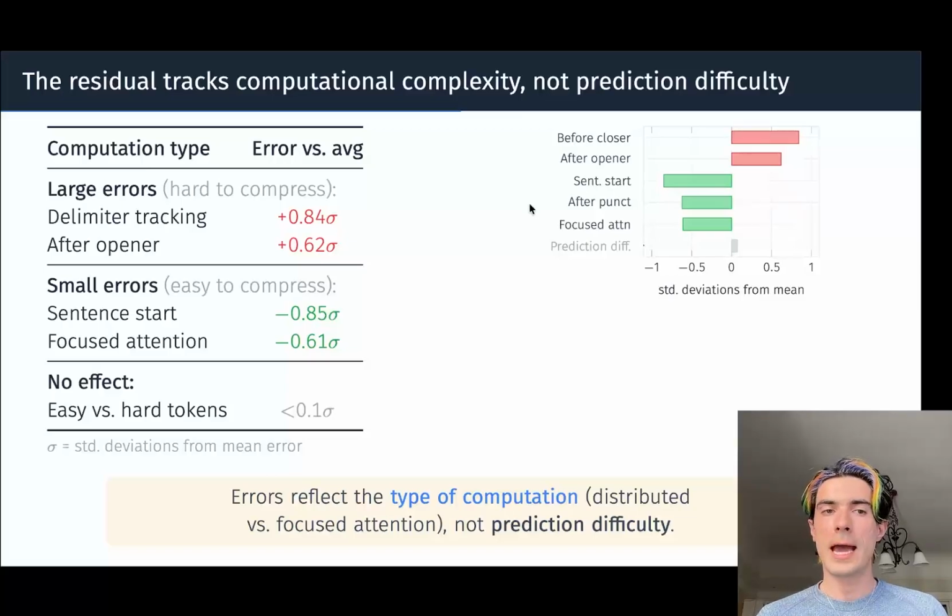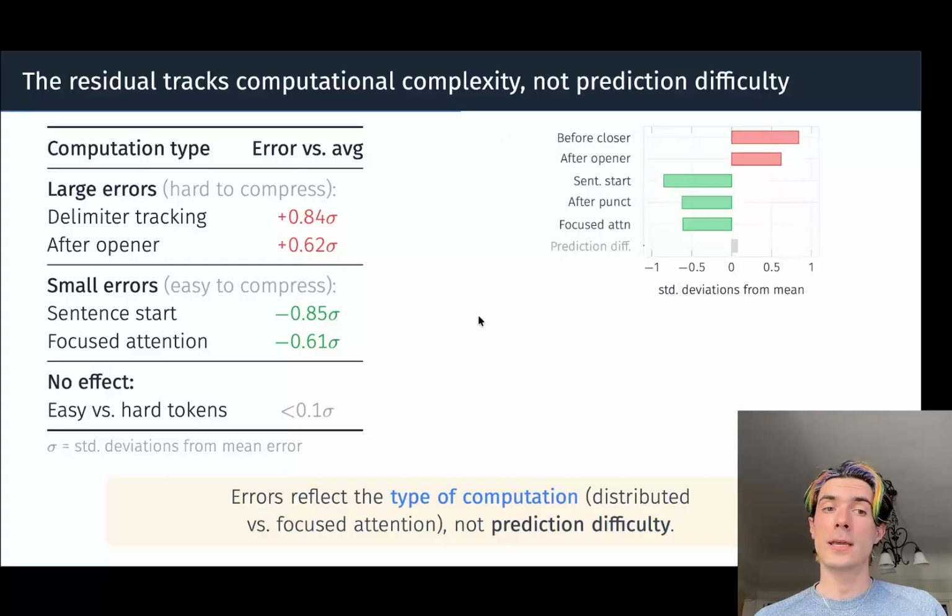Whereas if you look at things like sentence start and focused attention, the places where long context is maybe less important for the main model, that's really easy, and we actually see remarkably lower forward model residuals as a result at these sorts of positions.